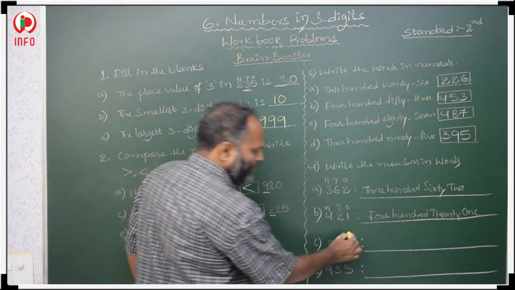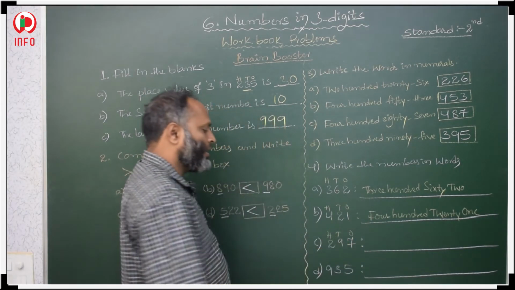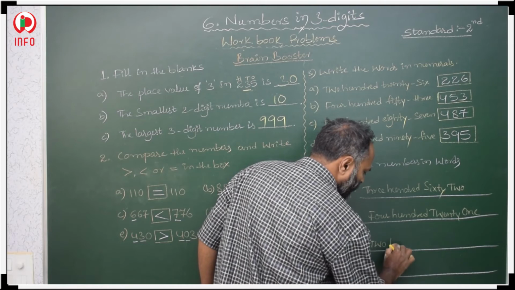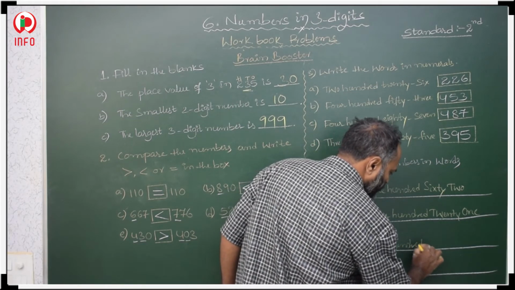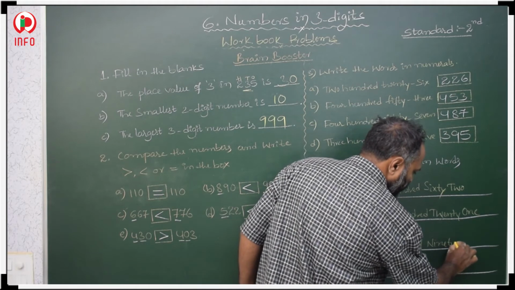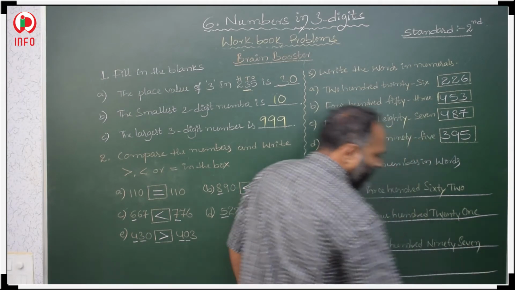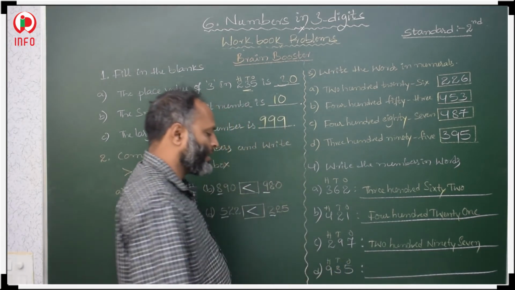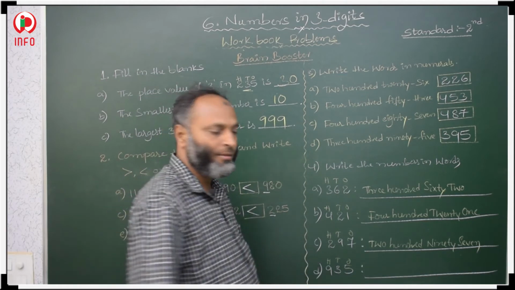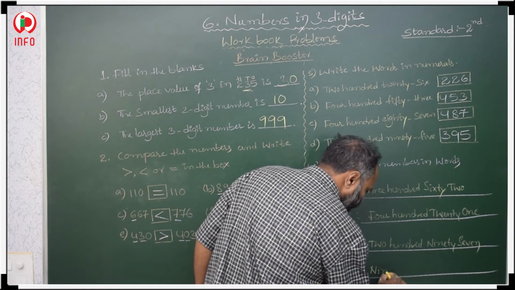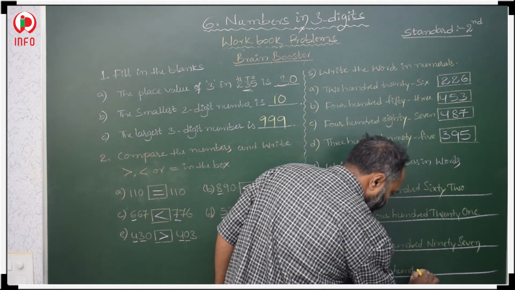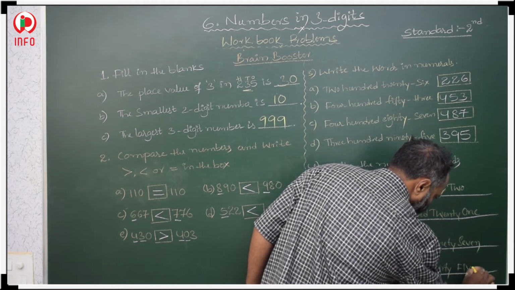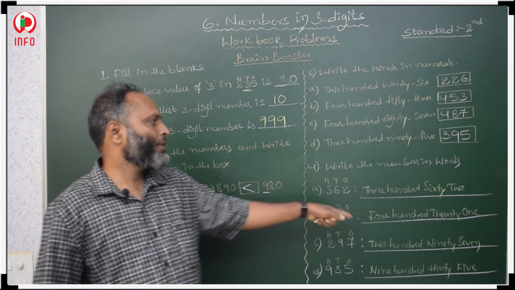Now ones, tens, hundreds. 297. Next, ones, tens and hundreds. 935. Okay, so numerals in words, words in numerals.